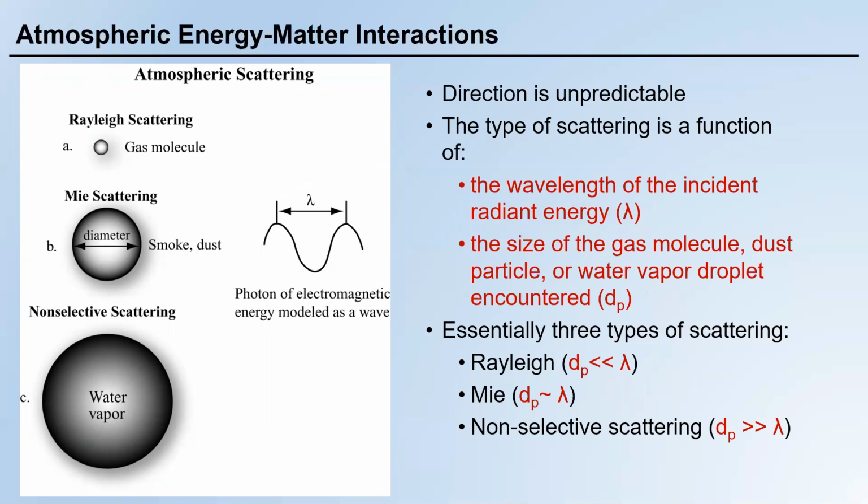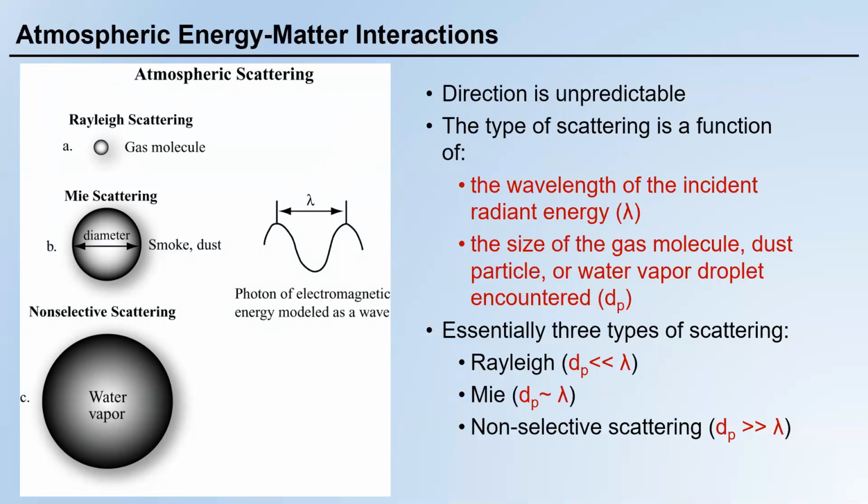After the scattering process, the direction of the EMR is unpredictable. It could be scattered into different directions. The type of scattering is a function of wavelength and also the size of the gas molecule.